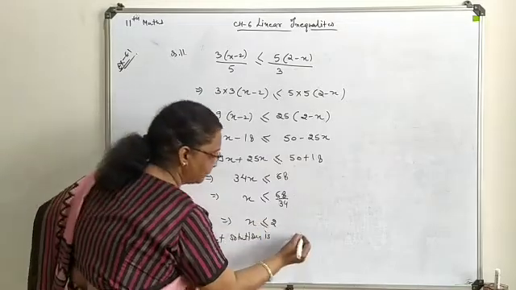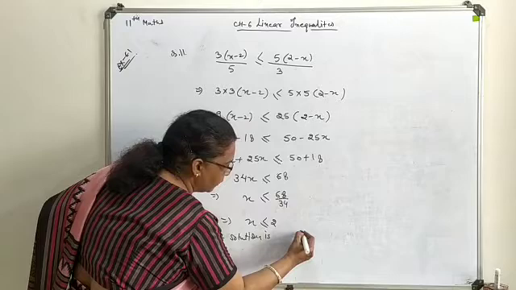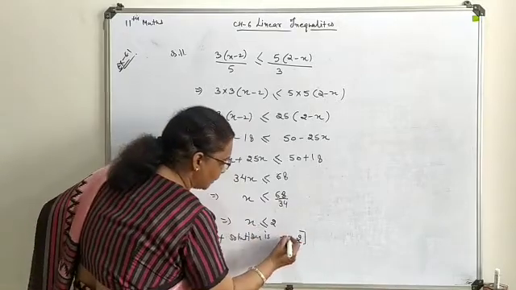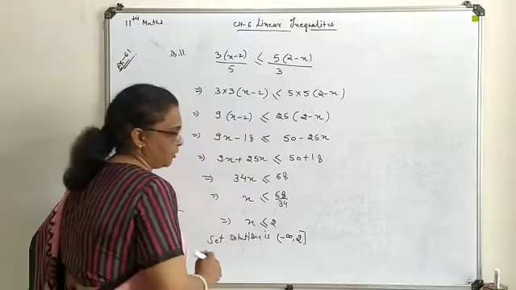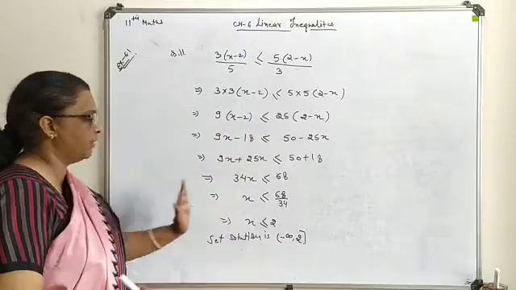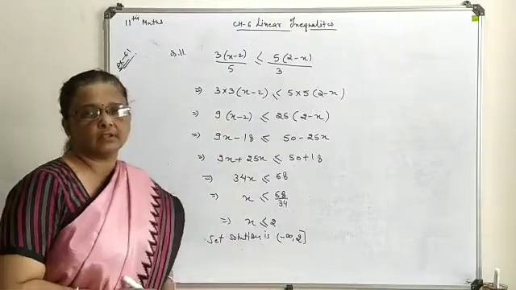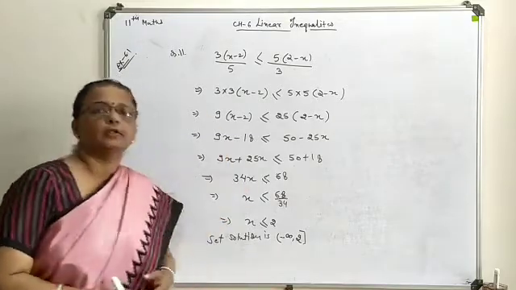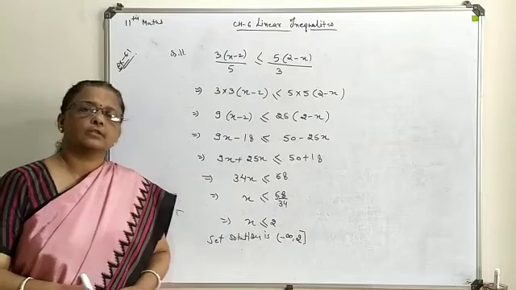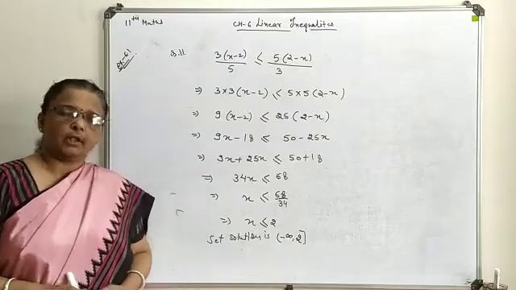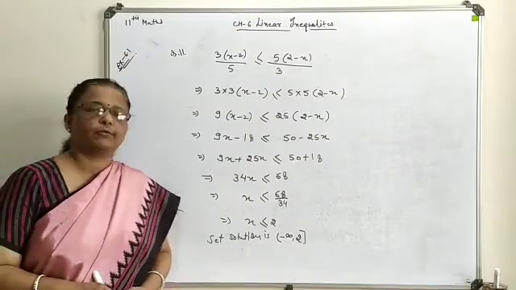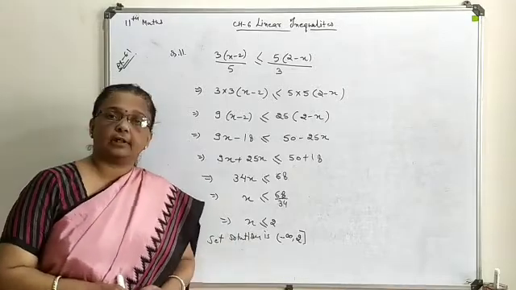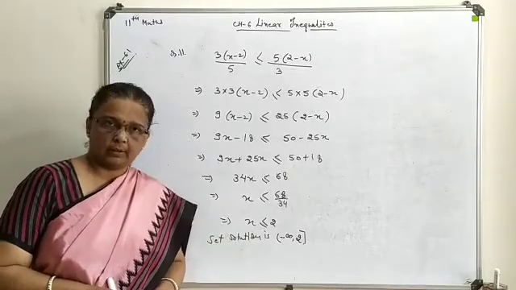That means at this 2 you will make a closed interval, and minus infinity is the last boundary point. So minus infinity to 2 is the solution form. This is the manner you have to follow to find the solution for given inequalities. Till the next lecture, try to find the solutions of the given inequalities in your exercise 6.1. Thank you.